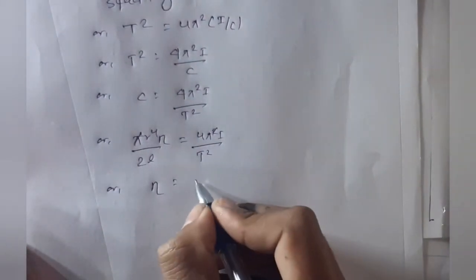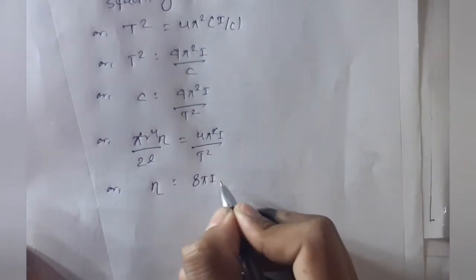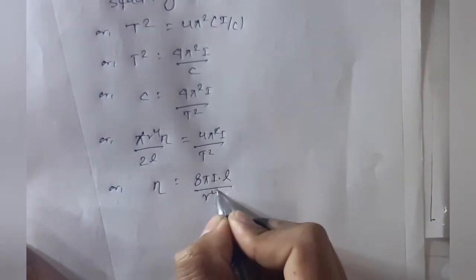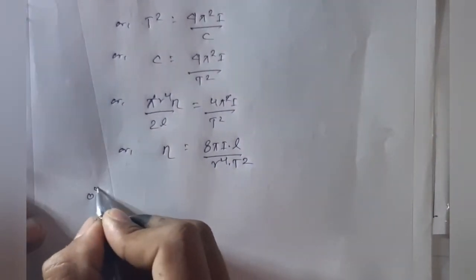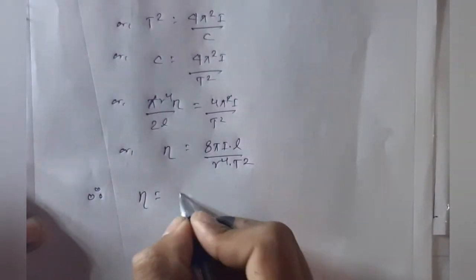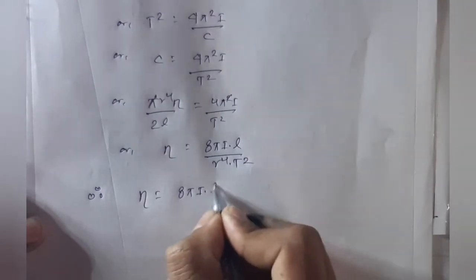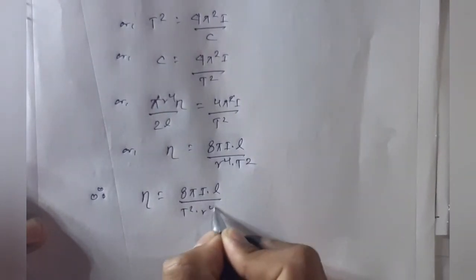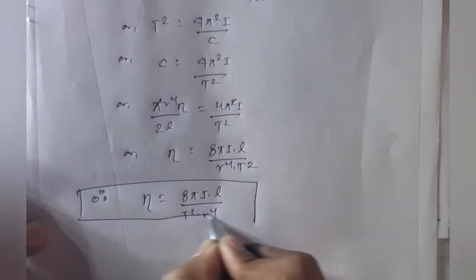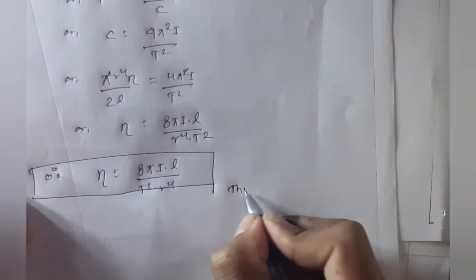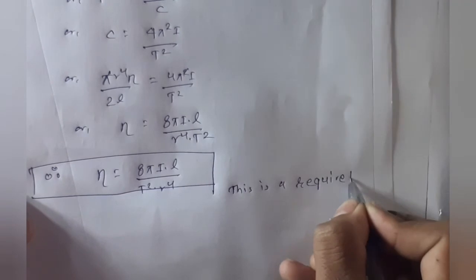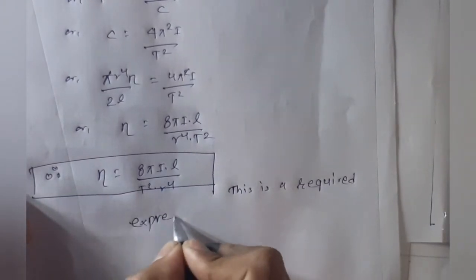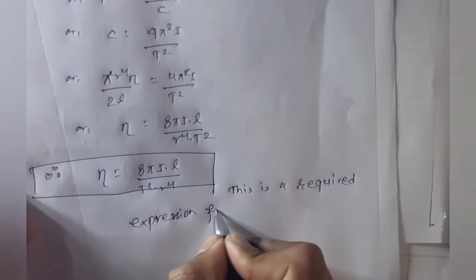Pi cancelled, eta is equal to 8 pi I L upon r4 T square. This is the required expression for the modulus of rigidity of the wire.